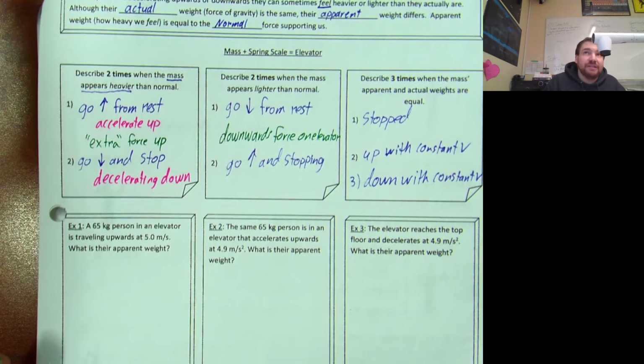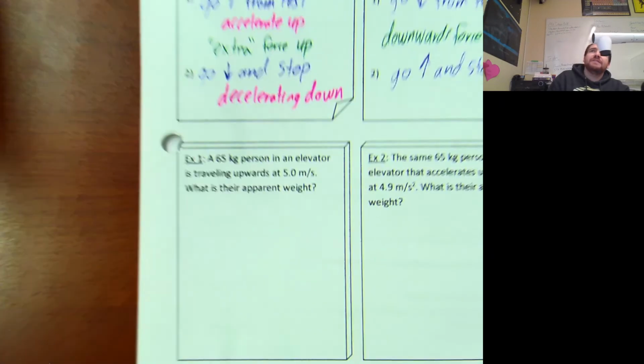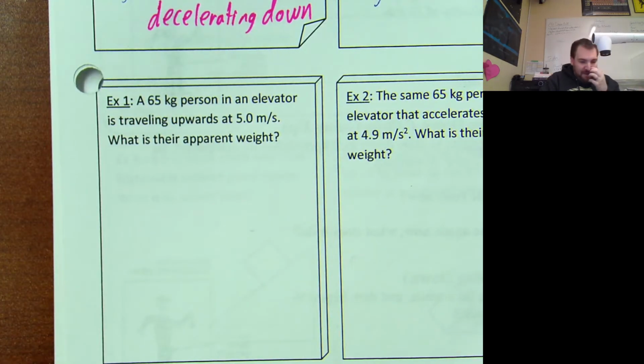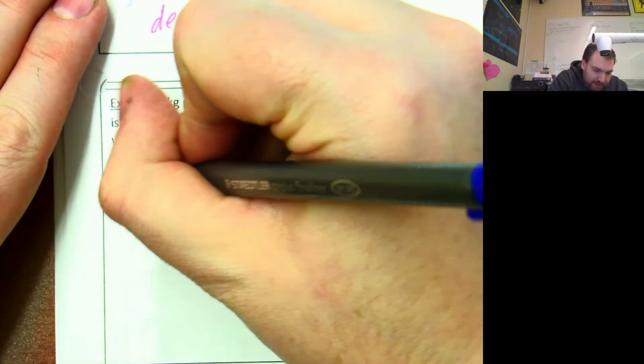So let's take a look at these. I'll zoom in on each one just to give us more space. A 65 kilogram person in an elevator is traveling upwards at 5 meters per second. What is their apparent weight? Let's draw it. Here's the elevator.